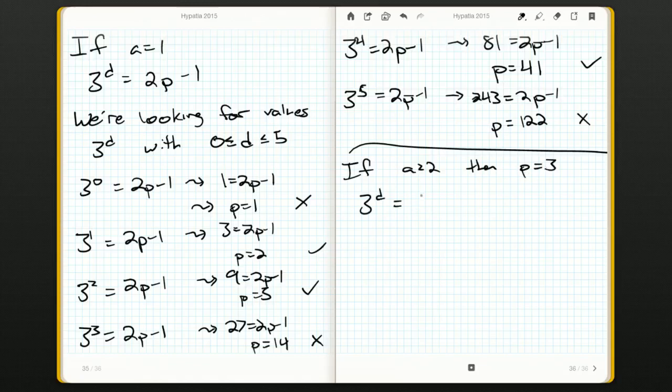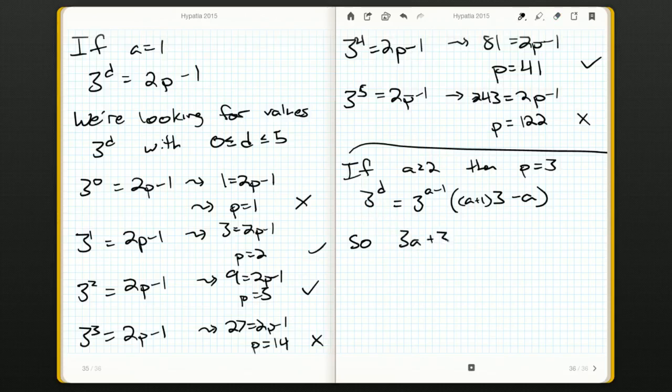So if A is at least 2, then P is 3. So P of 3 to the A is 3 to the A minus 1 times (A plus 1) times 3 minus A. So here we have a power of 3, here we have a power of 3, this must be a power of 3.